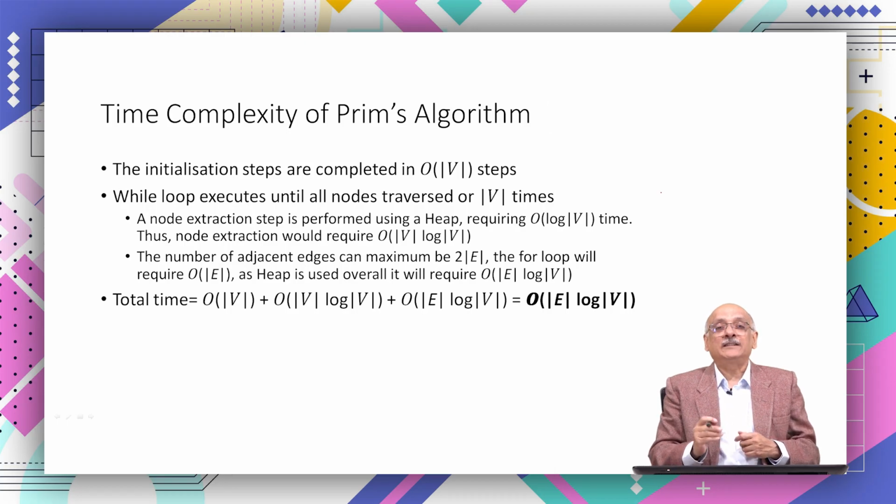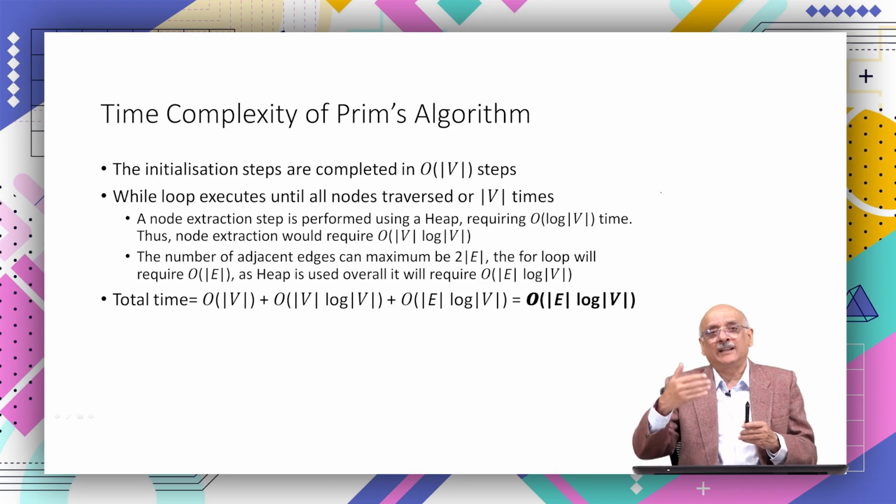Now, what is the complexity of Prim's algorithm? As far as Prim's algorithm is concerned, the initialization steps are to be executed for every node. And the while loop executes until all nodes are traversed, so it is traversed V times. For node extraction, you can implement it with the help of a heap.